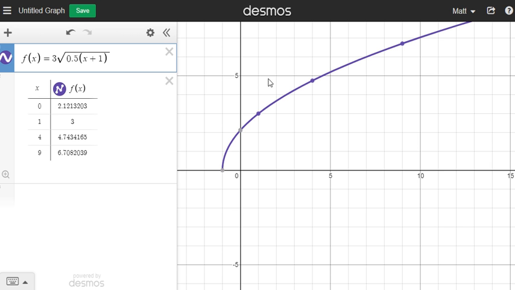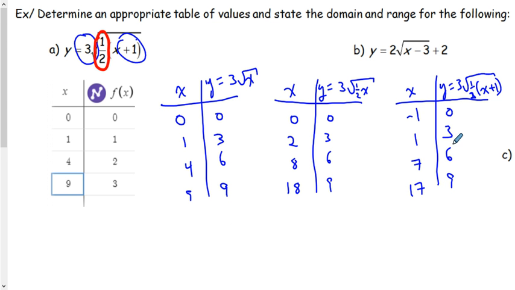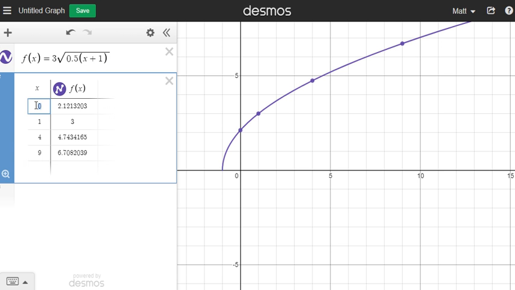So there are all of my transformations. Now here I've got 0, 1, 4, and 9. Let's try the values that I had here, -1, 1, 7, and 17. So -1, 1, 7, and 17. And there we see, it matches exactly what I had before.